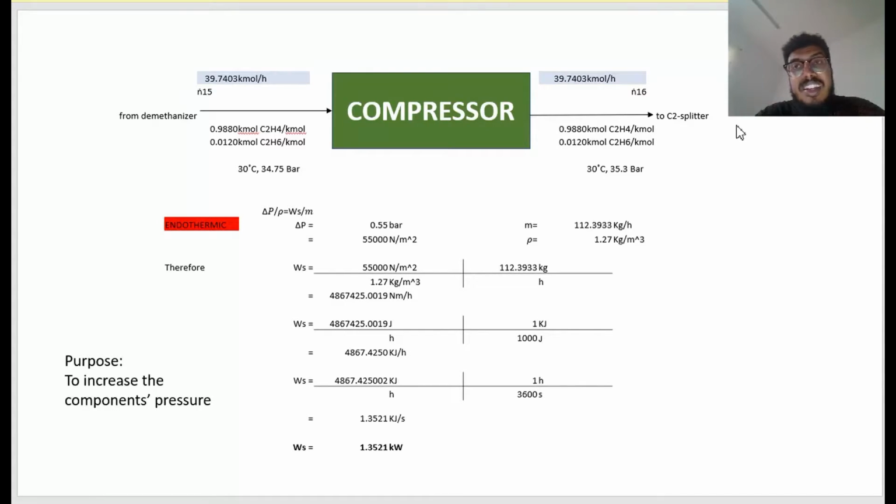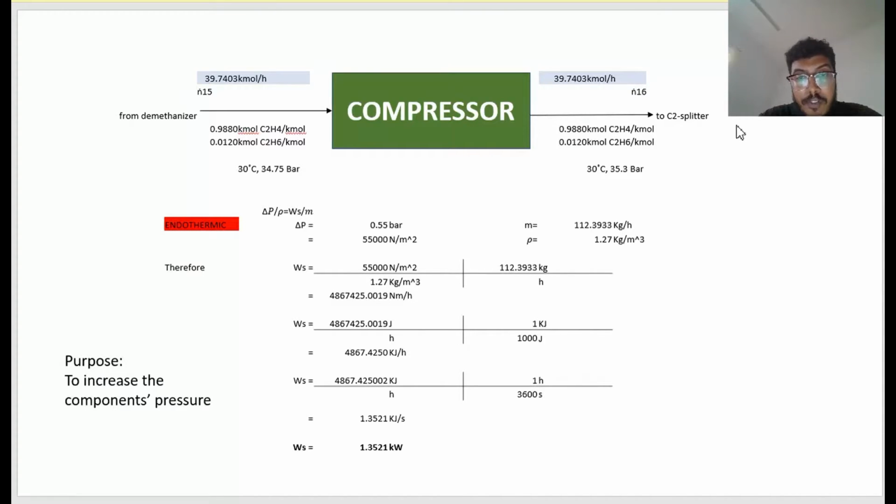Since it's isothermal, we can calculate it in different ways. One way is basically delta P times the specific volume, or another way we can use the mechanical energy equation, which is delta P over the density equals the shaft work over the mass flow rate.